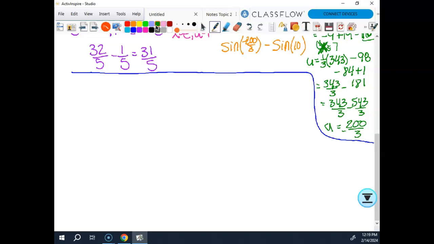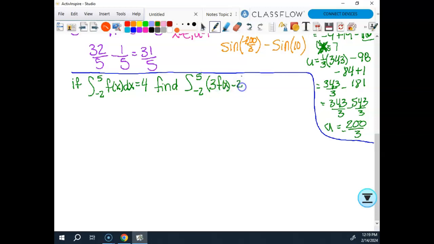So if the integral from negative 2 to 5 of f of x dx equals 4, we want to find the integral from negative 2 to 5 of 3 times f of x minus 2 dx.